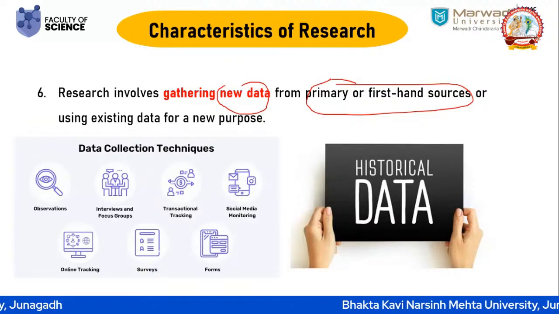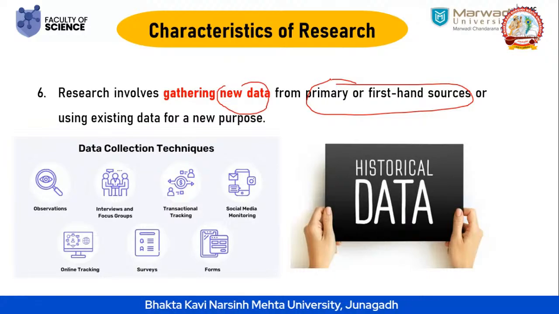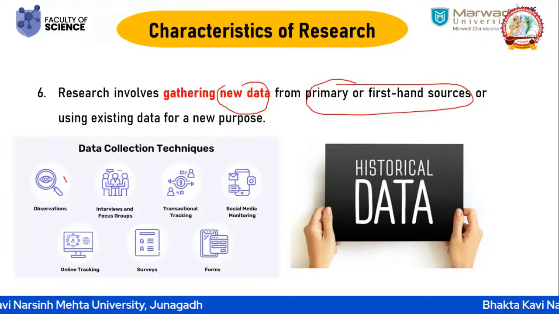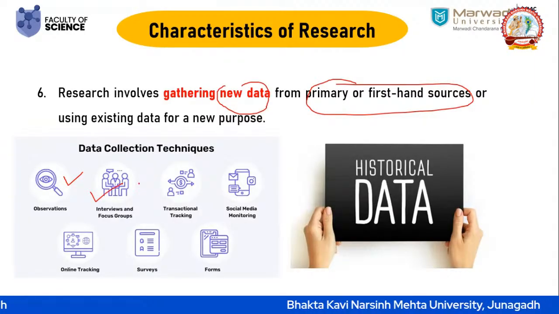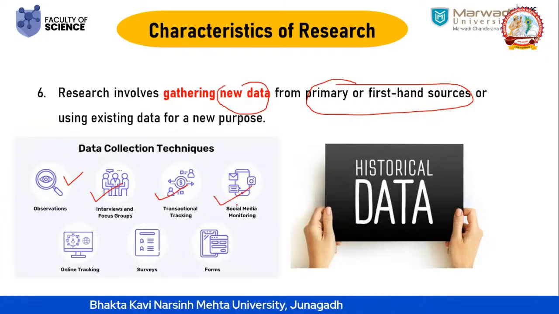But what are the tools, the things, the methods available to collect new data? For that, you can consider observation, interviews or focus groups, transactional tracking, social media monitoring, certain types of forms, surveys, and online tracking.